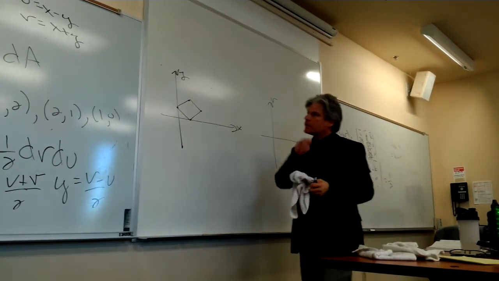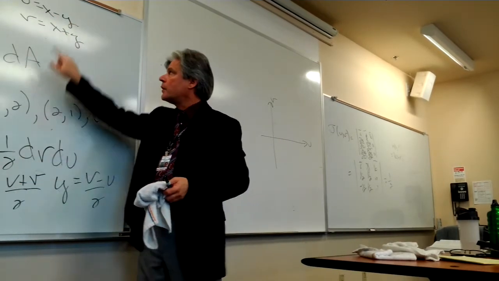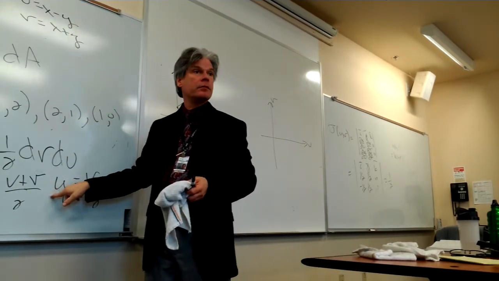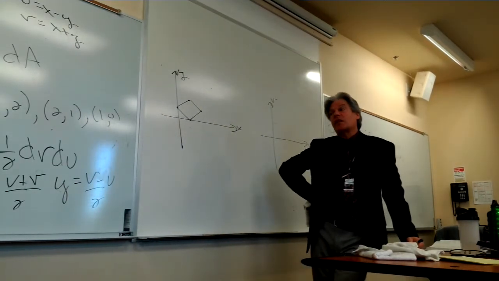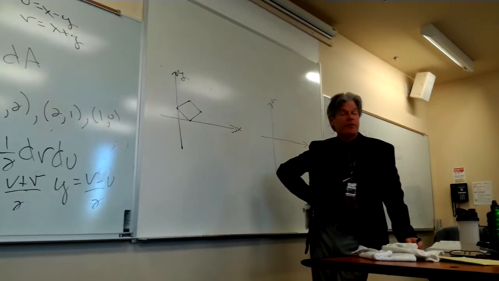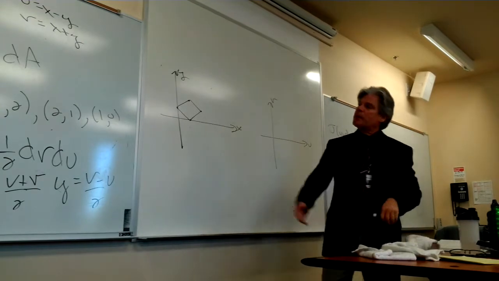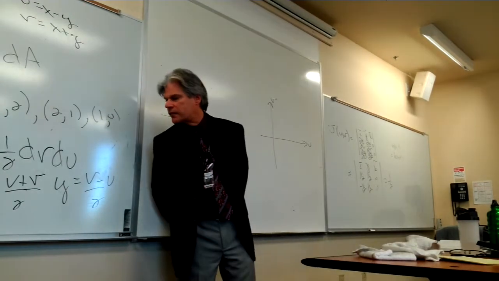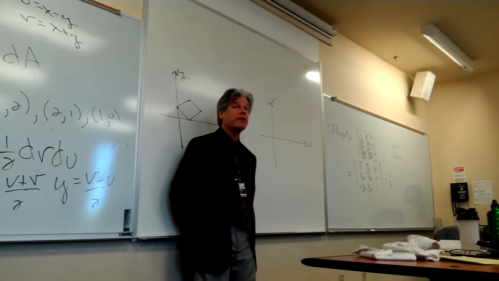Well, can't I pick this up off the board, slap it in for u? Pick this up, slap it in for v? Or would it just be easier in this example, because everything's linear, just to plug in the specific points? Because of all the linear relationships between x, u, v, and y, I think all I really need to do in this example is check the endpoints.